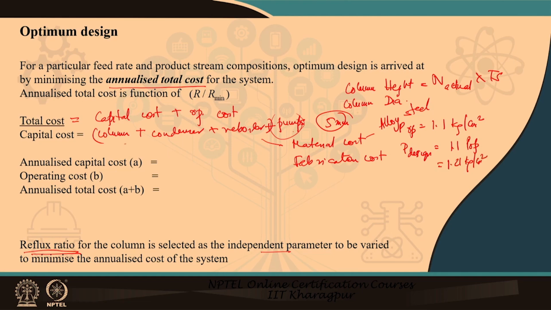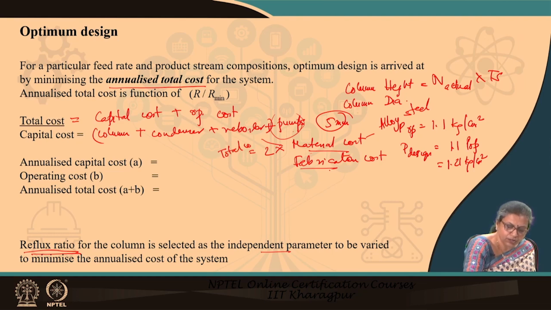So, from here the shell thickness can be obtained, and from the shell thickness etc., we can find out the material cost. Usually the fabrication cost and the material cost are taken as equal. So, for the column, the material cost into 2 gives us the total cost of the column.